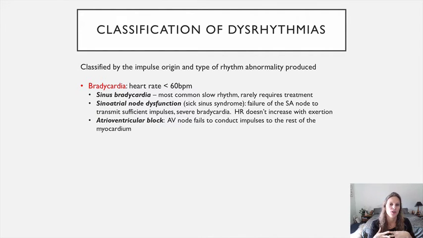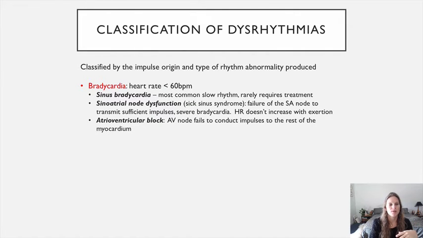And if you recall, the normal heart rate is somewhere between 60 to 100 beats per minute at a resting state. So a bradycardia would be a slow heart rate, less than 60 beats per minute. Traditionally, bradycardias aren't treated, especially with medications, unless they're symptomatic.